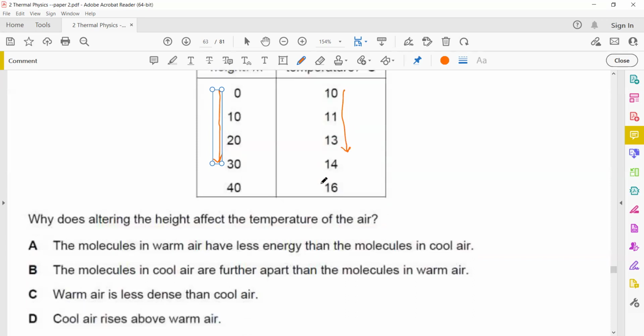The molecules in warm air have less energy: this is a wrong statement, because in warm air, molecules have higher energy. The molecules in cool air are farther apart: no, in cool air, the molecules are close to each other. The warm air is less dense than cool air: this is a correct statement. Cool air rises: no. So we will choose C.